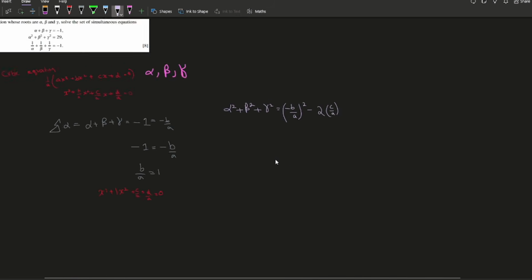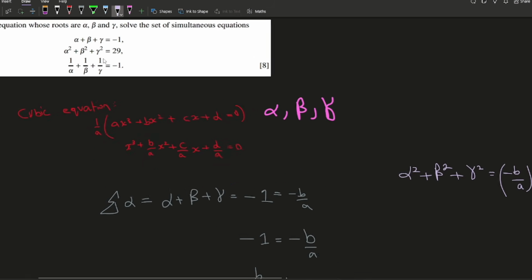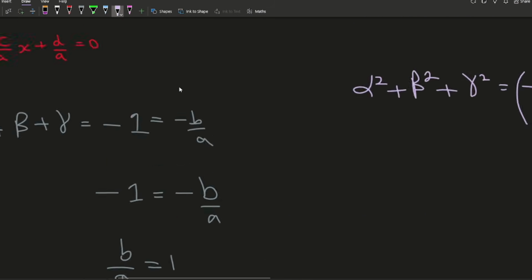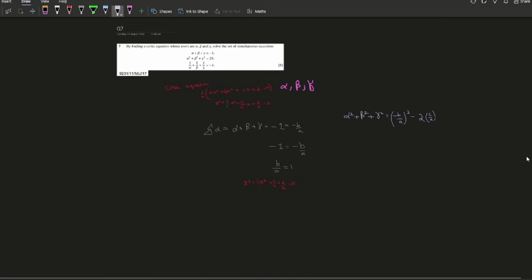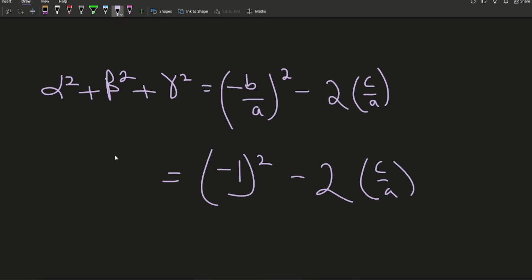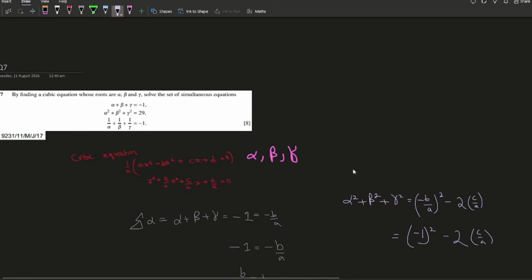So minus b over a, we are given the value for that already, which is -1. So let's input that here: -1 squared minus 2c over a, and we are given in the question the value for the sum of squares of roots, which is 29.